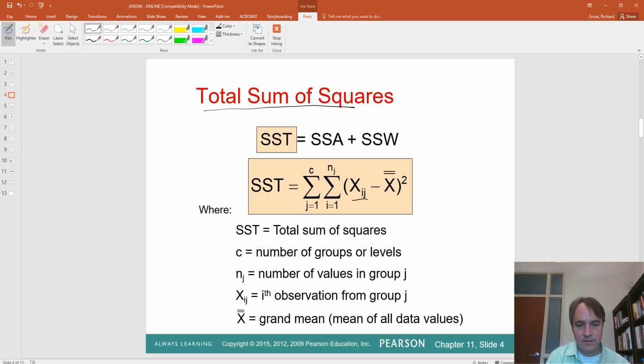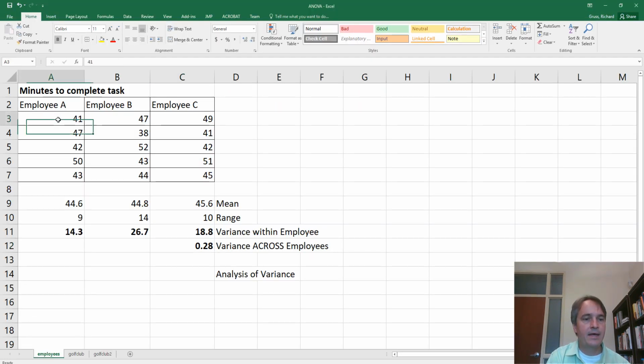For our employees, we had employees A, B, and C. Let's just say we have row i and column j. For every single one of these numbers, we are going to find out how far each is from the so-called grand mean.